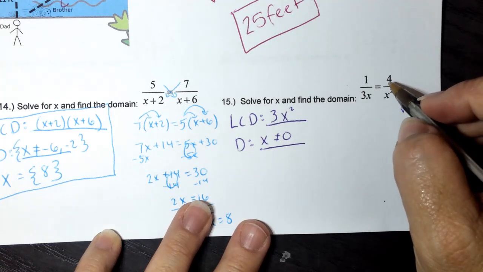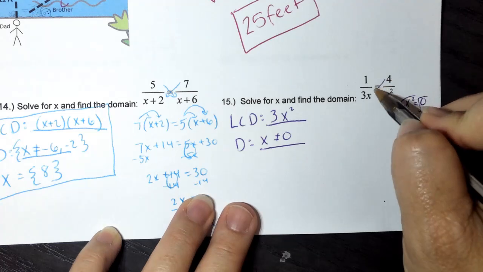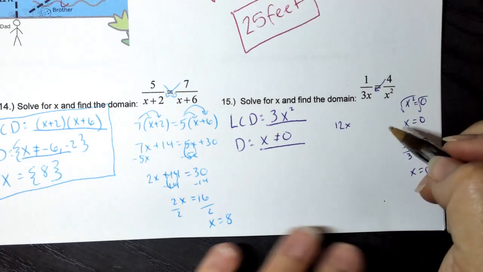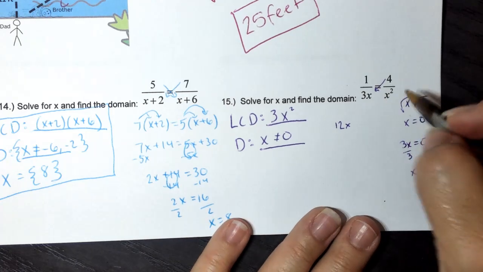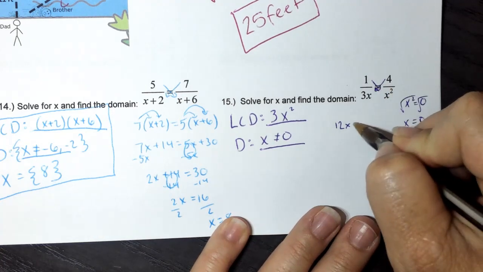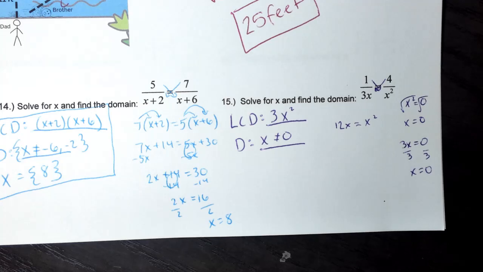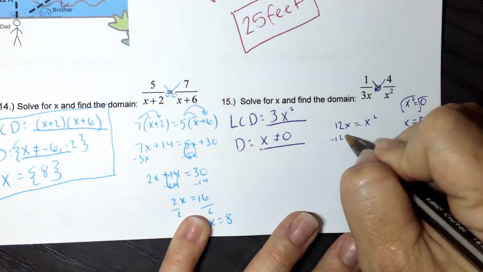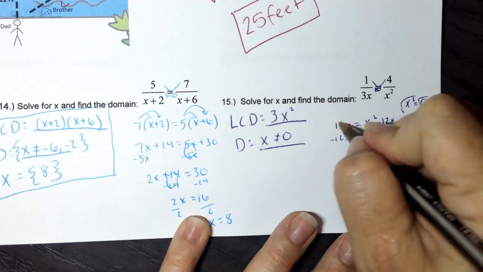Okay, so knowing that, we can cross multiply, and this gives me 12x equals x squared. Sorry, y'all. So I would do minus 12x and we get 0.